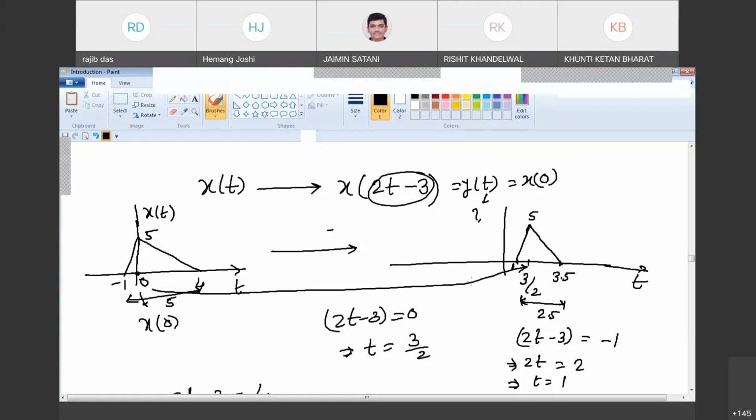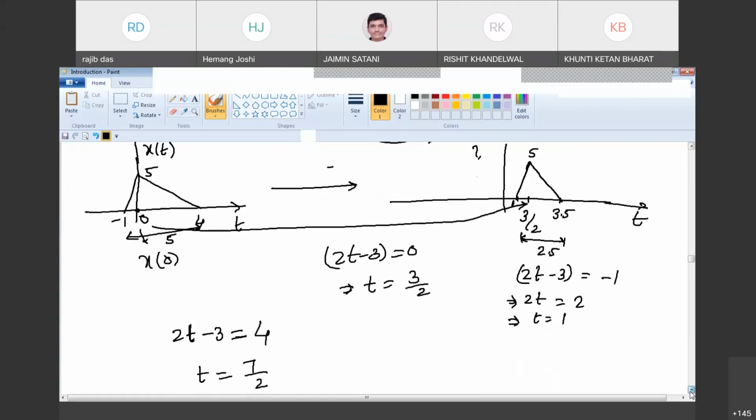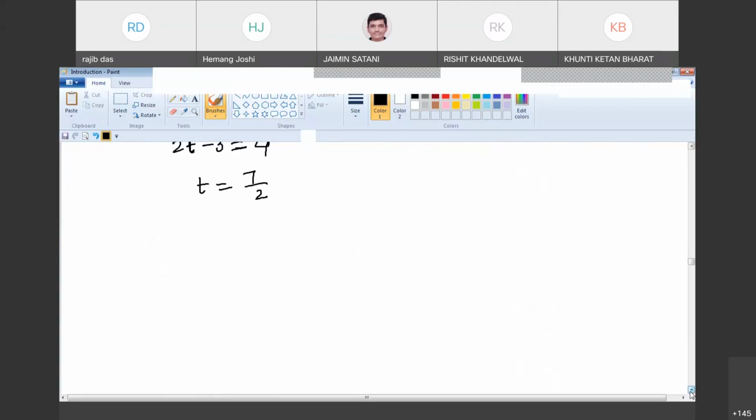So what you can do is get the resulting signal by taking one operation at a time. If I start with x(t), and t is replaced by 2t, then what will I get? x of 2t. Is it correct?